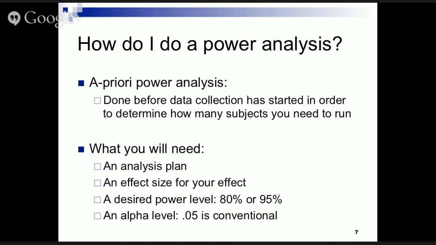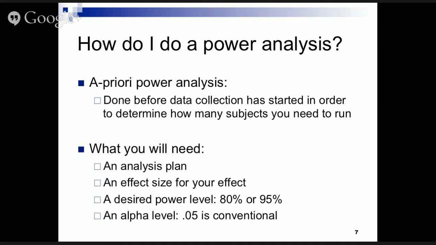Ideally you have 99%, but generally that requires insanely large samples. So, 95 is the ideal, 80% is the lower bound of acceptable. So oftentimes people will run sensitivity analyses where they look at 80, 90, and 95% power and see what the sample size requirement for those three levels might be.